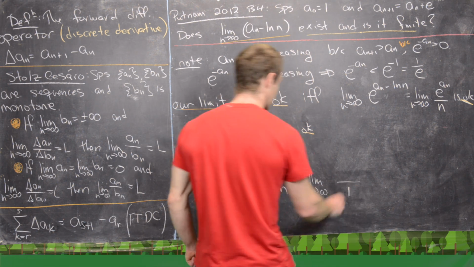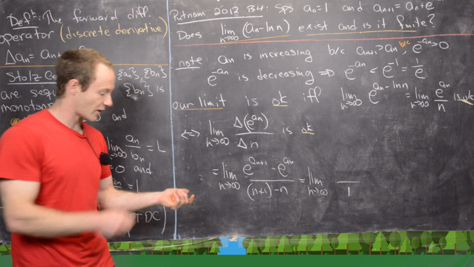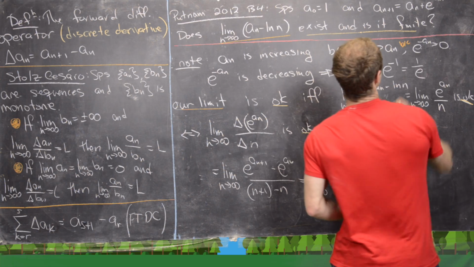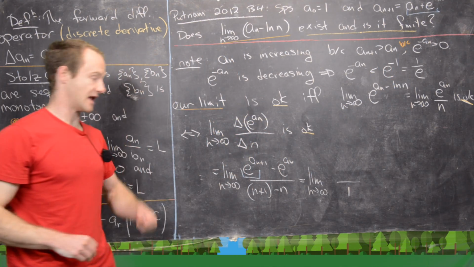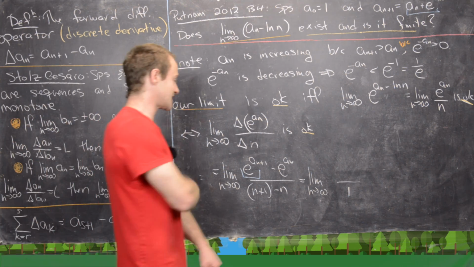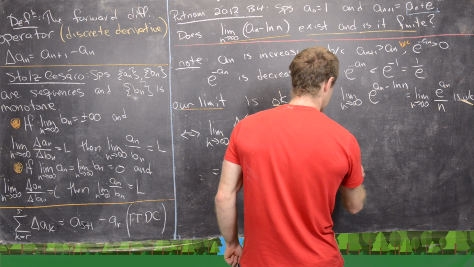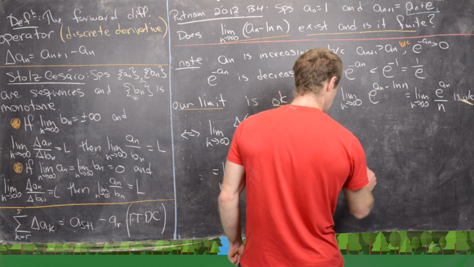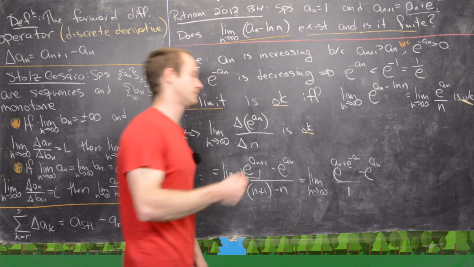The denominator is super simple. It just becomes 1. And then for the numerator, we can use this recursion in order to rewrite e to the a_{n+1}. So that's going to allow us to write e to the a_n plus e to the minus a_n, and this is going to be minus e to the a_n.